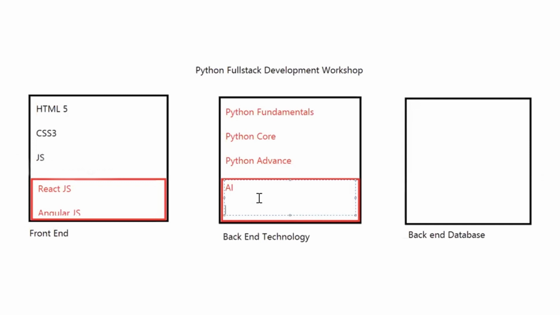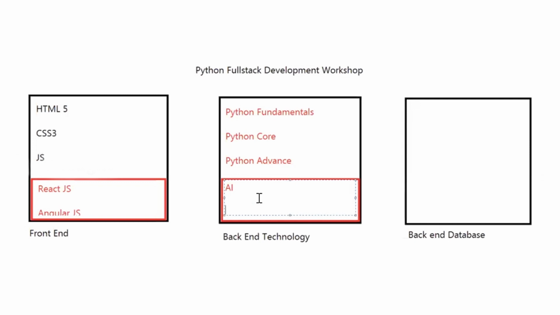So we are going to work on frameworks, that is React.js. I hope you have heard the word React.js. And the next one we call AngularJS. This is where we make web frameworks to operate the things.